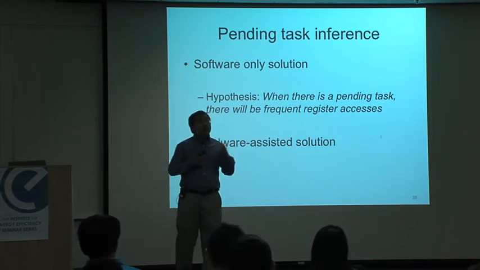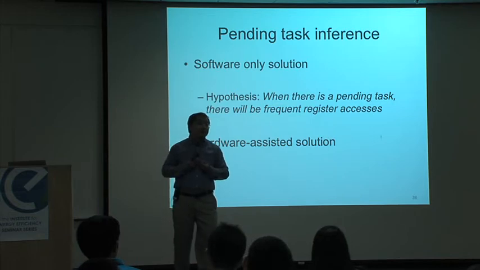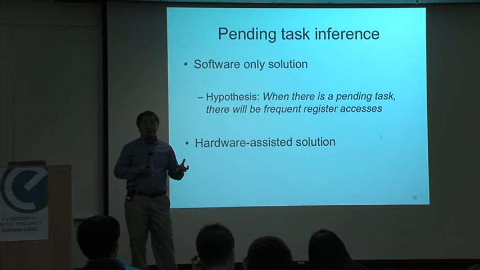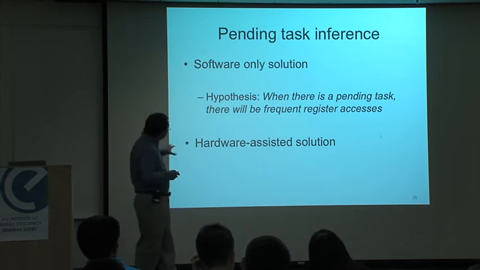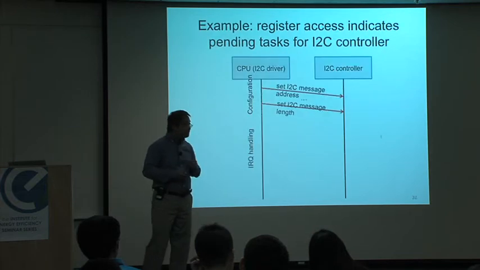So if you can monitor the register activity of these modules, then you can tell if the module has pending tasks. That's a hypothesis, and we found it actually works for many modules. We'll talk about that later. And then we'll talk about the hardware solution, which is not free. You have to modify the hardware a little bit.